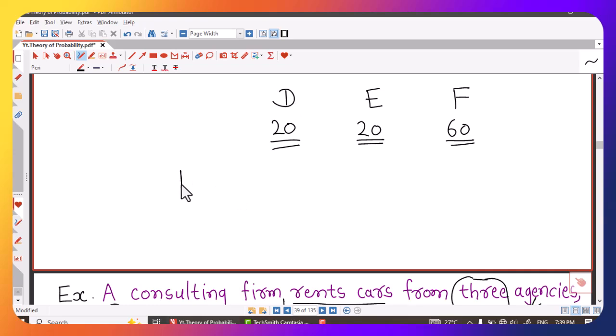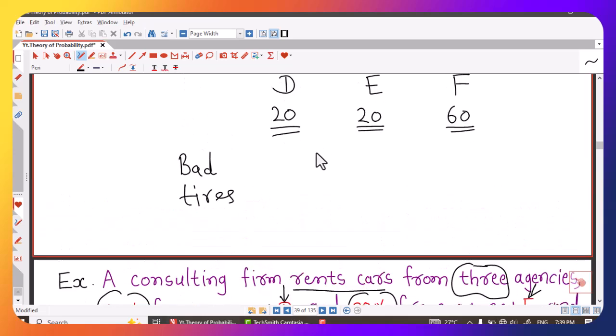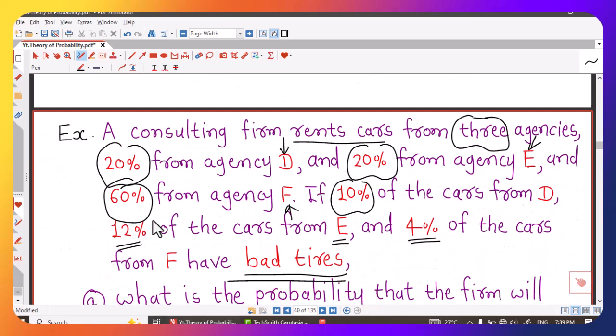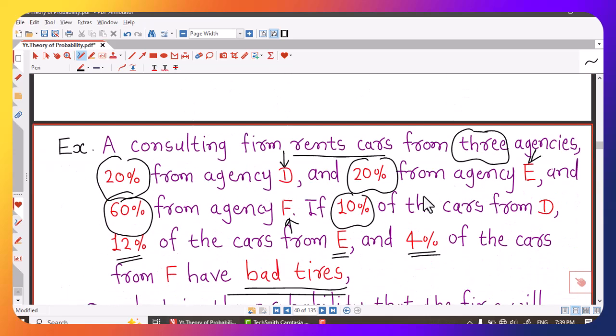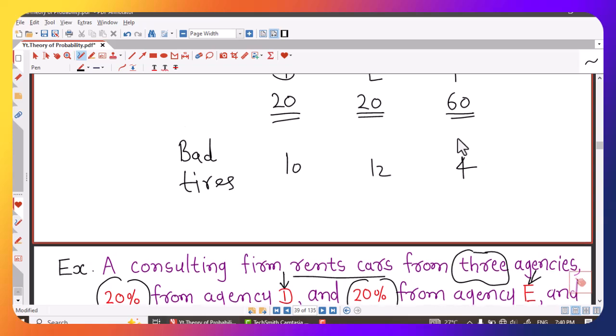Then they are giving the percentage of cars with bad tires. So 10% of the cars from agency D have bad tires, then 12% of the cars from agency E have bad tires, and 4% of the cars from agency F have bad tires.